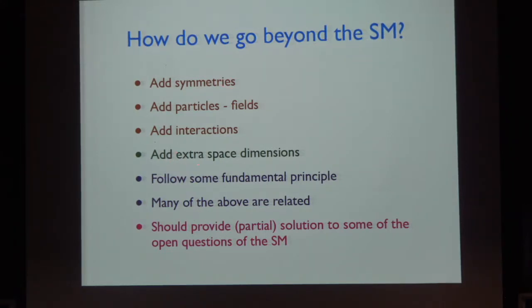We can add extra space dimensions, like in string theory, or follow some fundamental principle which we might like, or we might think that's the one. Many of these are related, obviously, but should provide a partial solution. There's nothing that has provided a solution to all of our problems, so we aim at least at a partial solution to some of the open questions of the Standard Model. So that's been the quest.